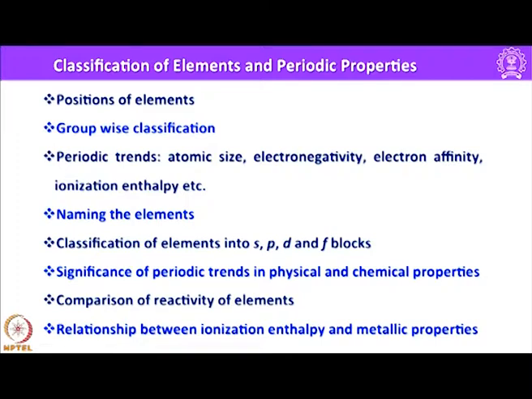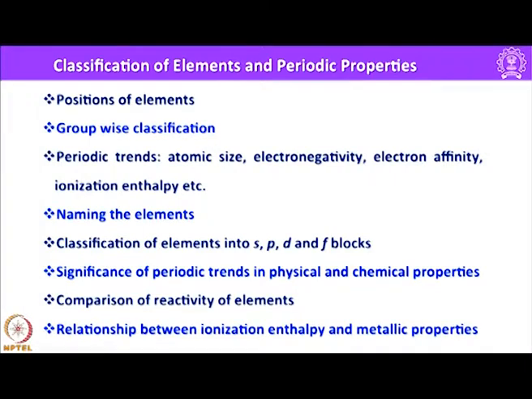And later, let us also look into the significance of periodic trends in physical and chemical properties. Once we know the trends in a group or in a row, comparison and reactivity of elements can be done in a much more ordered fashion. And then, once we establish all these facts about the elements, we can also try to understand the relationship between ionization enthalpy and metallic properties.